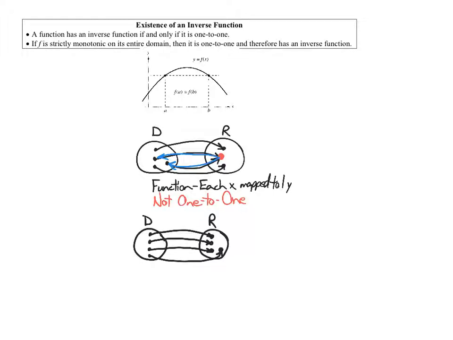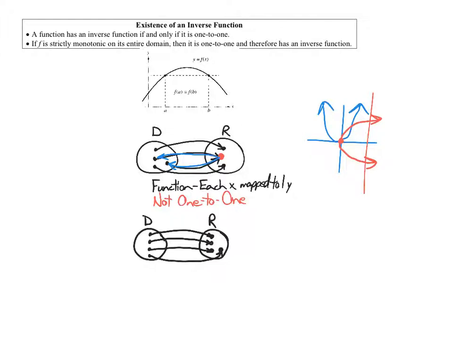Yes? Does it mean that x squared won't have an inverse? It doesn't have an inverse function. Because if you take x squared, and let's just look at it, if I reflect that across the line y equals x, notice now it fails the vertical line test.